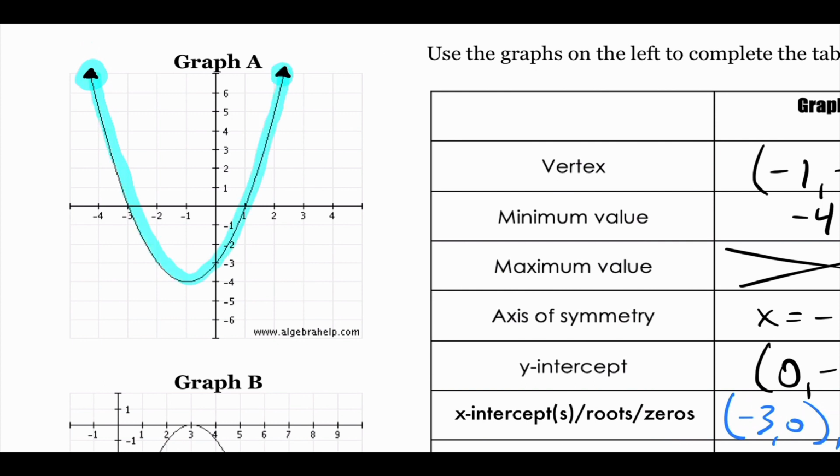So what I want to know is, where was my pen going uphill? There you go, right? It started at the vertex. Didn't I start going uphill right there? That was at negative 1. So it started going uphill at negative 1.